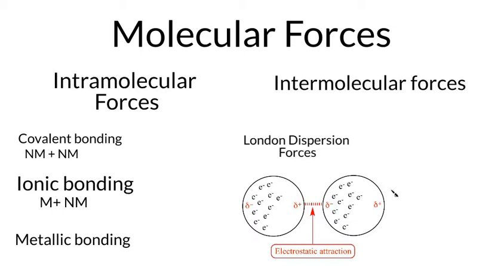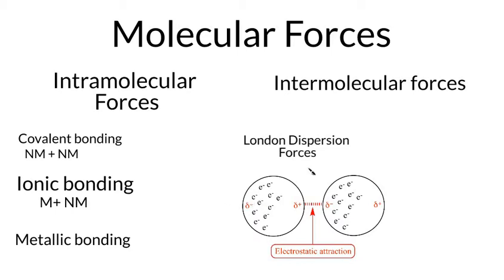Right now, as atoms go, they have electrons inside, which spin. But when they spin, it's not just following a pattern. It's random, very random. At some points, all of the electrons spinning can end up on one side.